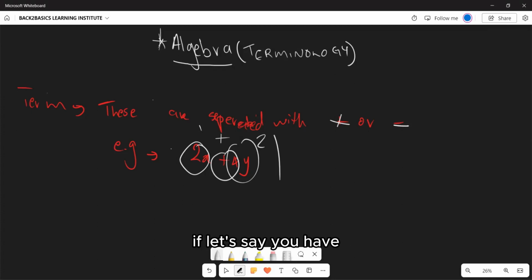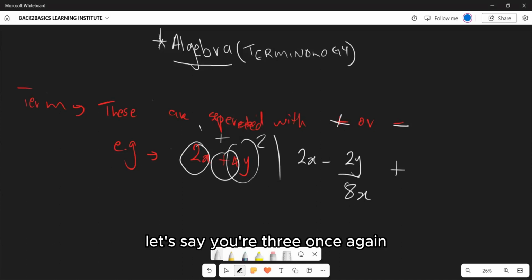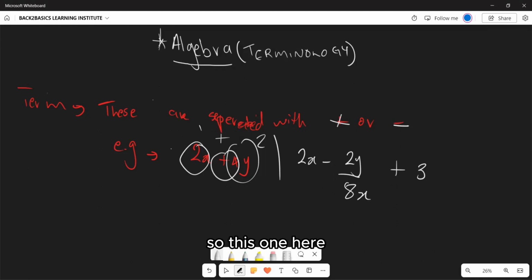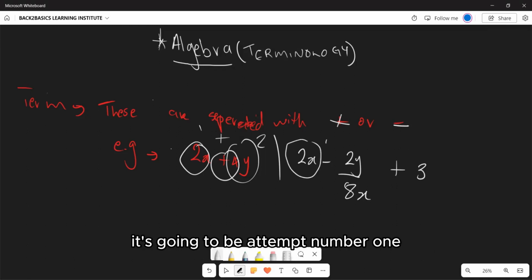Now, for example, let's say you have 2x subtract 2y over 8x plus, let's say, 3. Once again, remember these can either be separated by a plus or a minus, right? So this one here is going to be your term number 1.